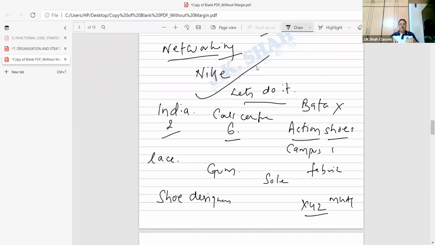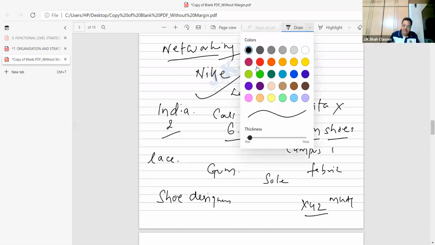It's a virtual organization which is created, which is scattered at different places. And what Nike is doing, it is only networking between them. In the sense that it is just coordinating between all of them. Now what happened, understand this is interesting.